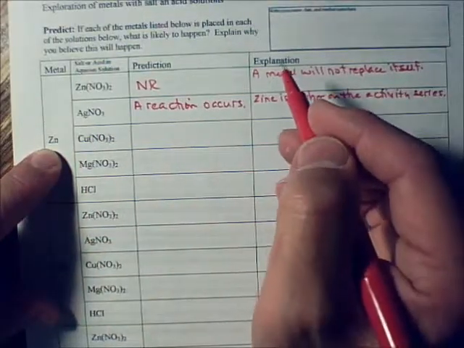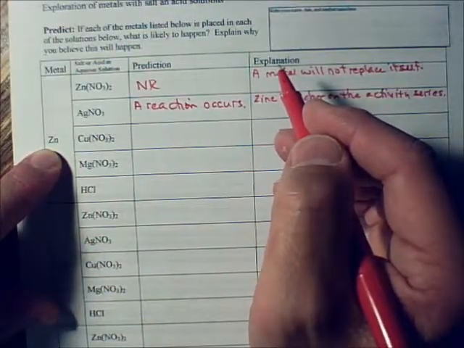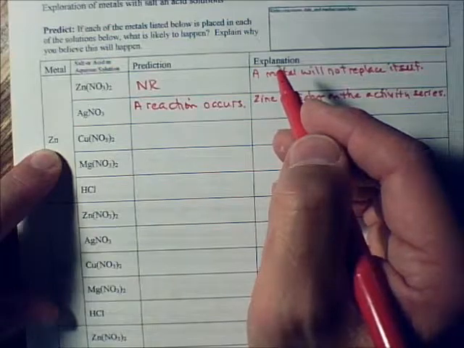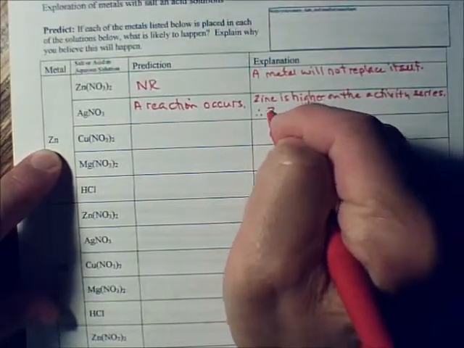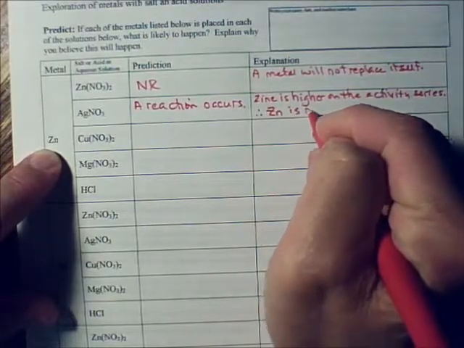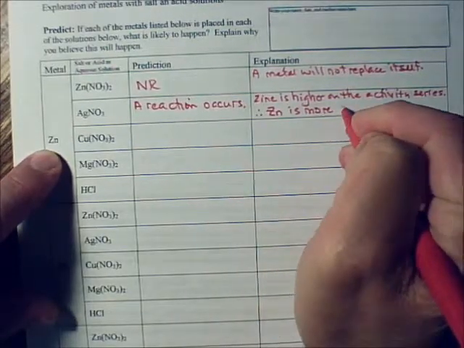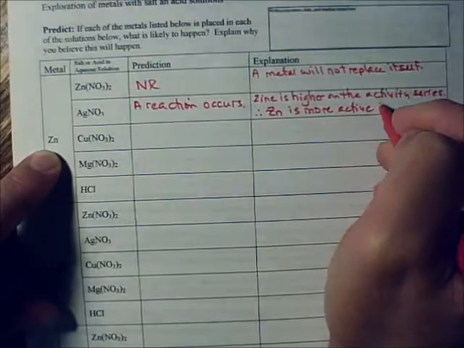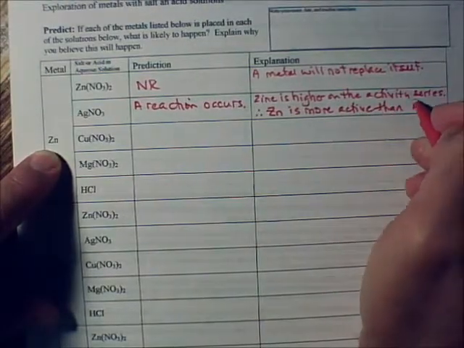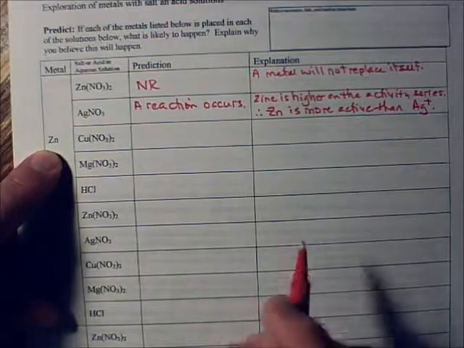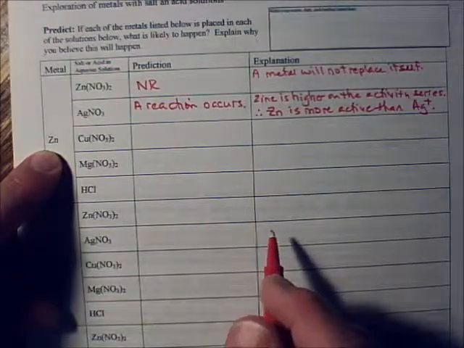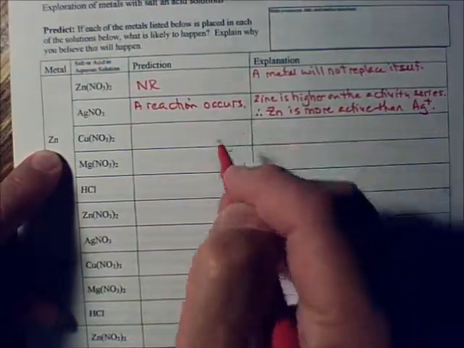Okay, so essentially what it says is, therefore, zinc is more active than silver, the ion. Therefore, three dots mean therefore. Yes?